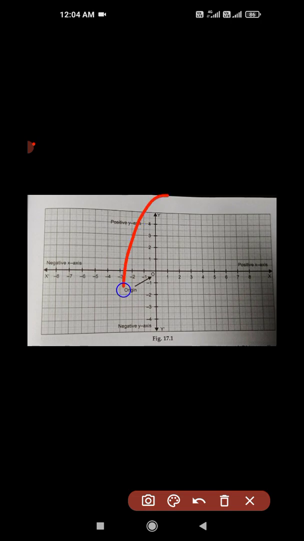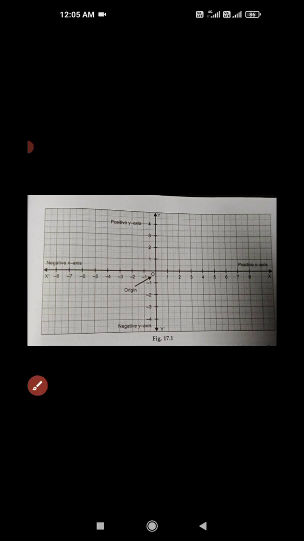And the other one is YOY'. These are similar to number lines which you have read in class 8. These two lines are drawn perpendicular to each other and they intersect each other at a point called origin. So this arrangement is called the coordinate axis.